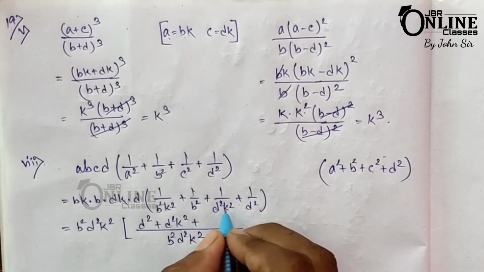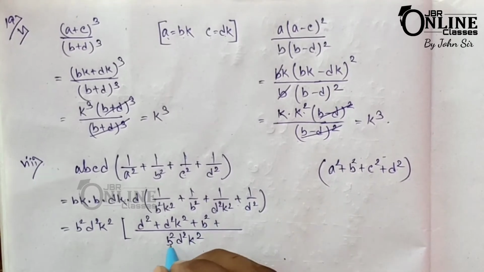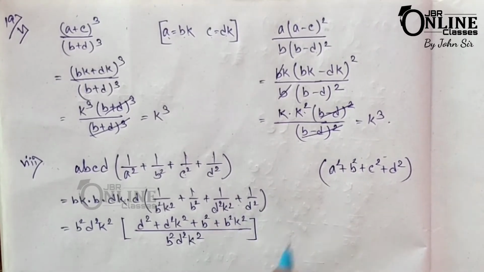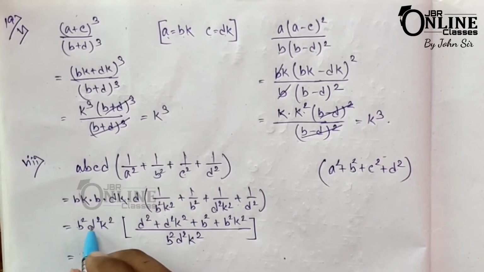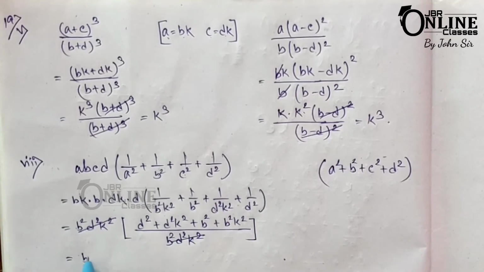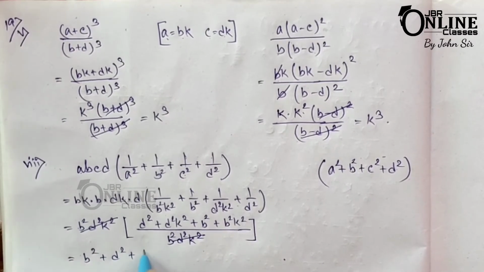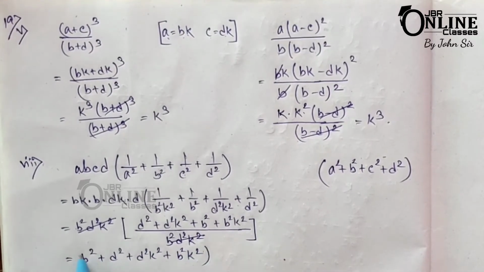Last one d square k square, so it will be only b square. Last one d square, so it will be b square k square. I hope you know how to add using an LCM. So here b square d square k square will cancel out, so finally it will be b square plus d square plus d square k square plus b square k square.